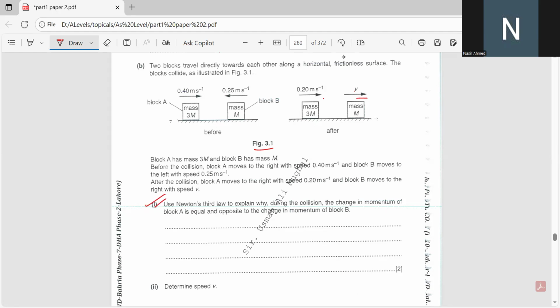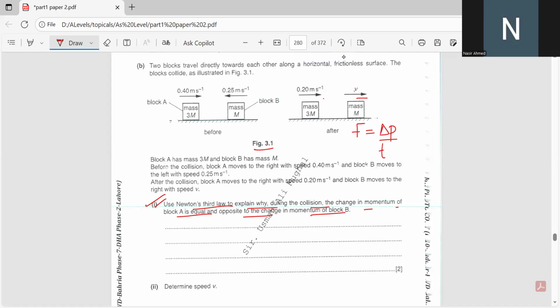Question says, use Newton's third law to explain why, during collision, the change in momentum of A is equal and opposite to the change in momentum of B. We just studied this in the very first question today. We know force is given by what formula? Force is equal to delta P by t, change in momentum over t.